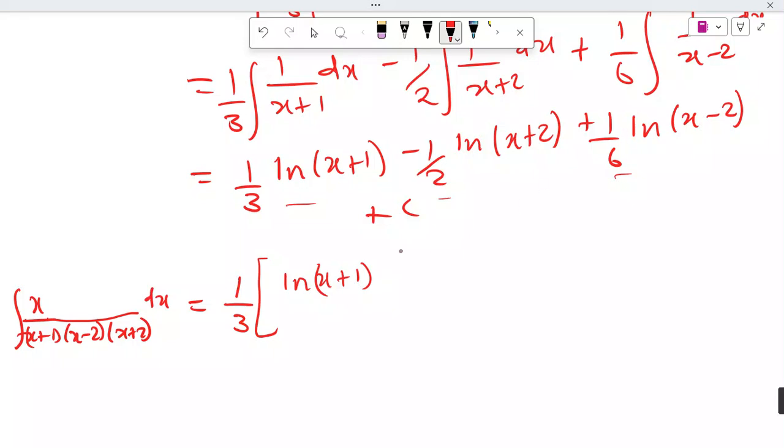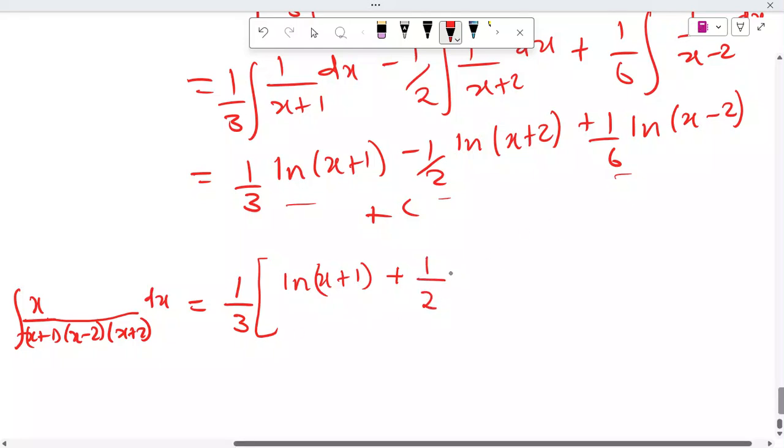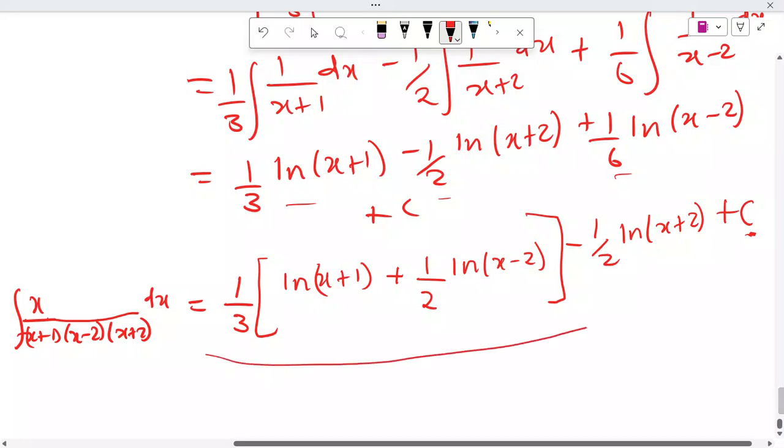So this will be just 1 plus 1 over 2, because 2 multiplied by 3 to be 6. Okay, ln x minus 2. Okay, so these are grouped, then minus this one, which is alone, 1 over 2 ln x plus 2 plus c. So if you don't want, you can just leave it here. Don't forget to add the c here, because we don't have a limit for this function. So this is your answer.